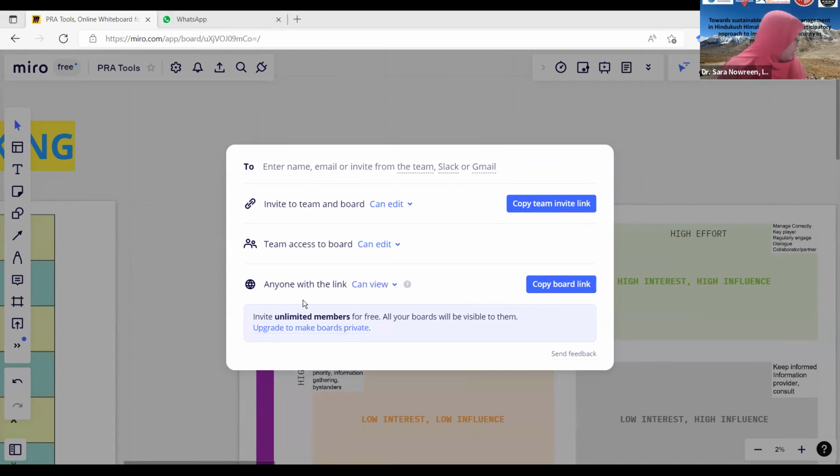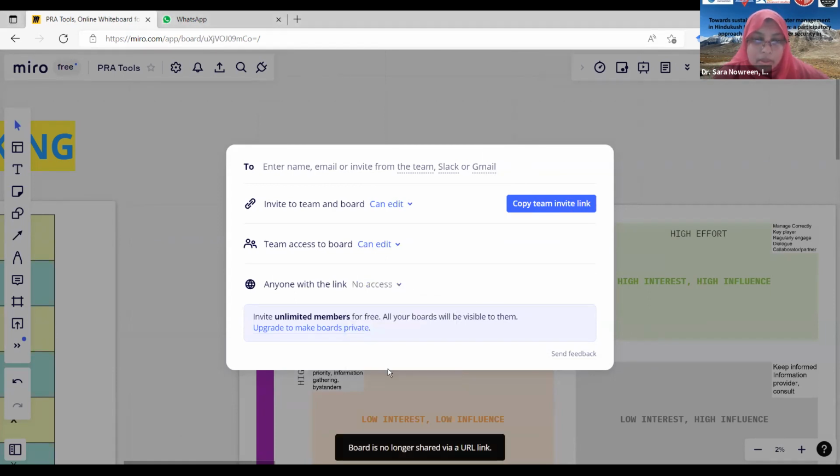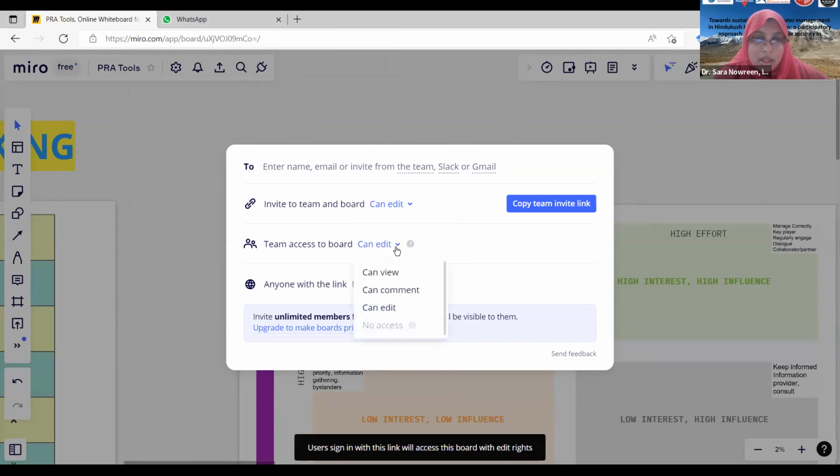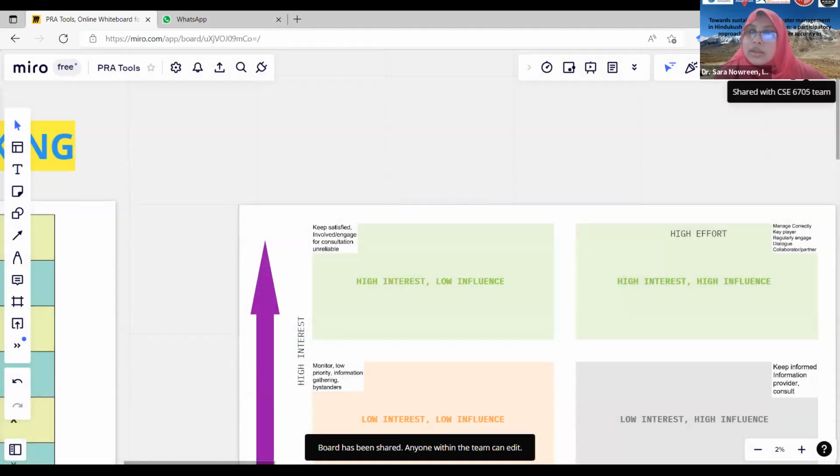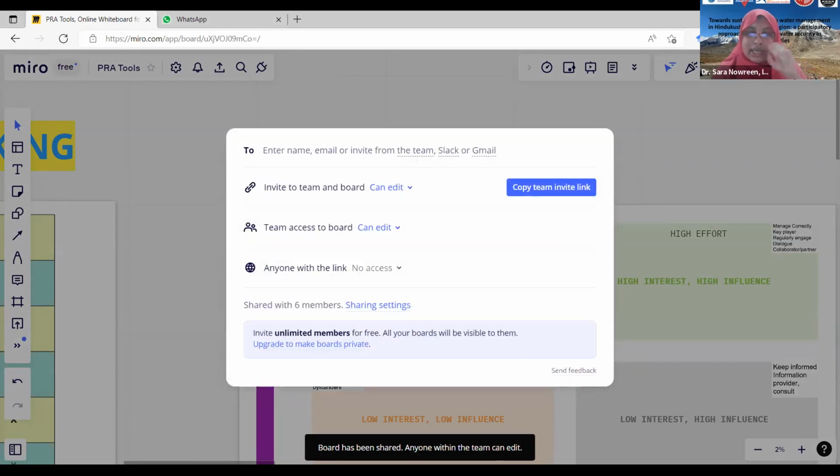Can you check the chat box and let me know if you have access to it or not? Can you guys enter?